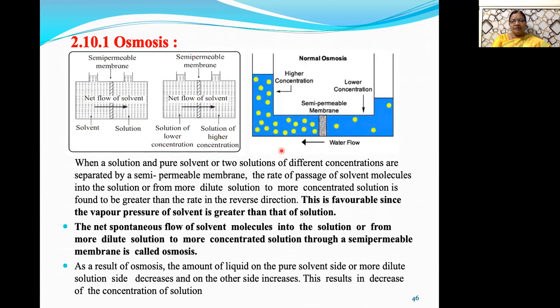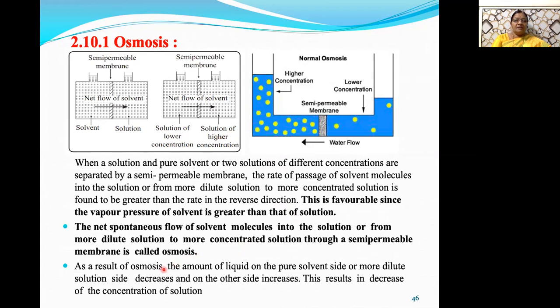Similar to that, here also this flow of solvent molecules occurs and it is favorable as the vapor pressure of solvent is greater than that of solution. Followed? So the net flow of solvent molecules into the solution, or from dilute solution to more concentrated solution through the semi-permeable membrane, is called osmosis.